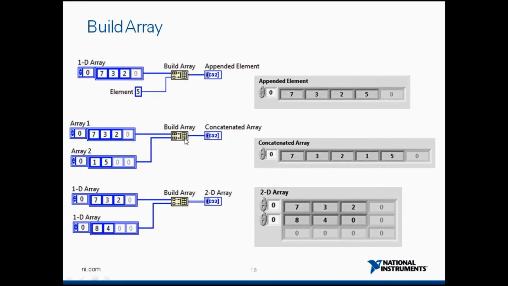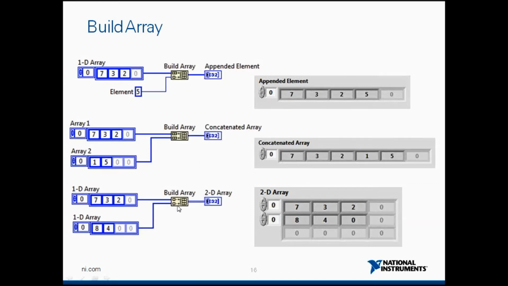Now the difference between this array function and this array function is, here I have selected the concatenate inputs option. How you do this is by right clicking on the function and selecting concatenate inputs. And when you do that, the 2 different arrays are merged into one one-dimensional array. So my elements would be 7, 3, 2, 1, 5, one after the other. So I'm building an array with 2 one-dimensional arrays and the output will also be a one-dimensional array.